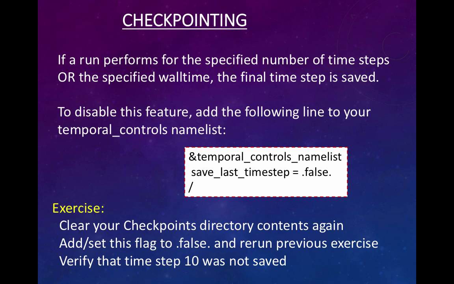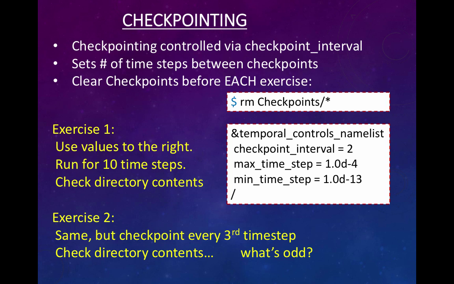If you want, you can try this: put that in there as false, rerun it, and you'll see that you didn't save time step 10, provided you clear out your checkpoints directory before that. That's a feature in Rayleigh, but some people may not like it, so you can turn that off. But the basic idea is that checkpoint interval is what controls how often we checkpoint, and that's in time steps.